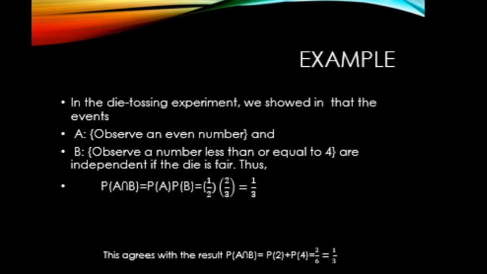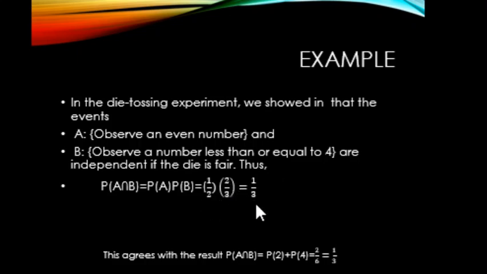Recall, we can prove this by showing that probability of A given B is equal to the probability of A. Now, if we needed the probability of the intersection of the two events, that a number is even and it is less than or equal to 4, then A intersection B can be calculated simply by multiplying the individual probabilities. Probability of A is 1/2, and probability of B is 2/3.